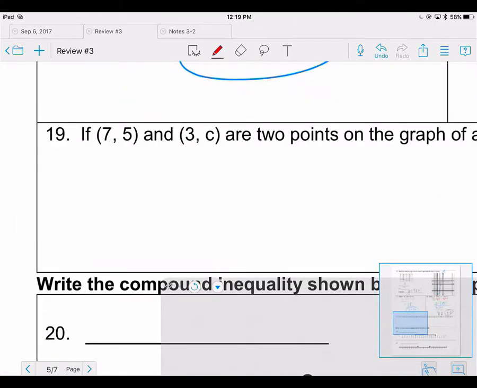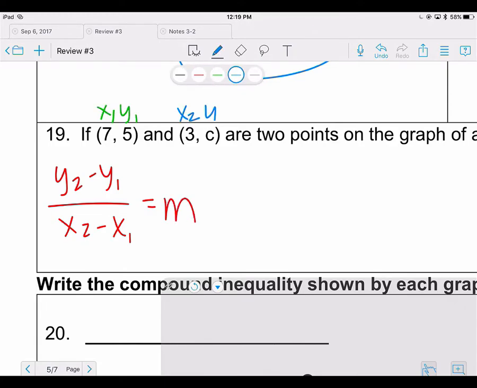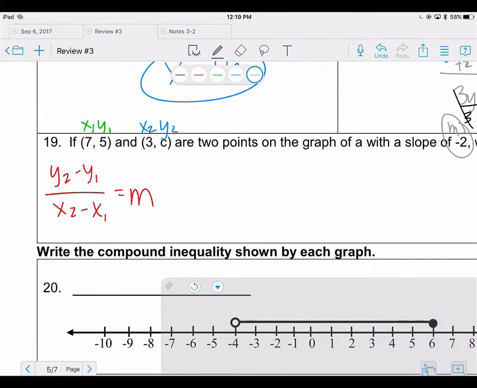Problem 19, we need to use the slope formula and complete this problem by hand. So I'm going to label my points and my m so you can see exactly where I'm plugging things in.